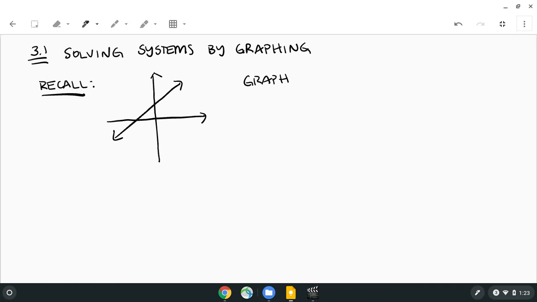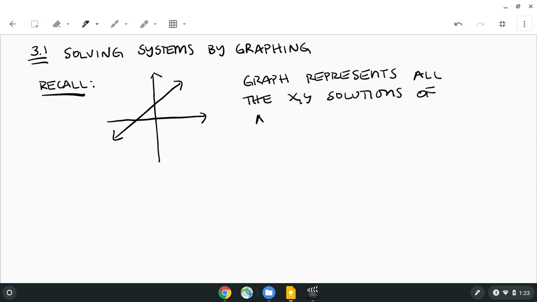So the graph represents all the xy solutions of a given equation. Like maybe you have a linear equation, negative x plus y equals 2.